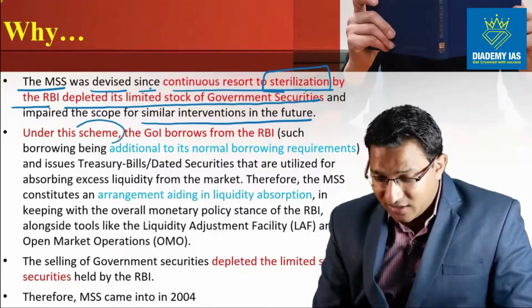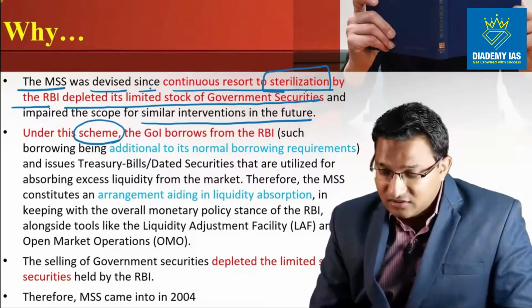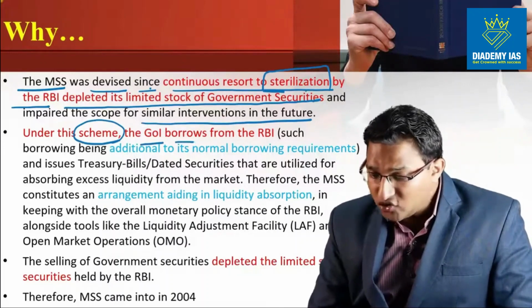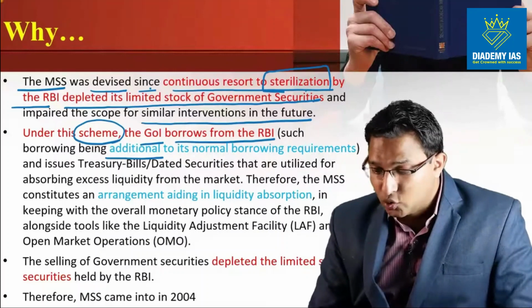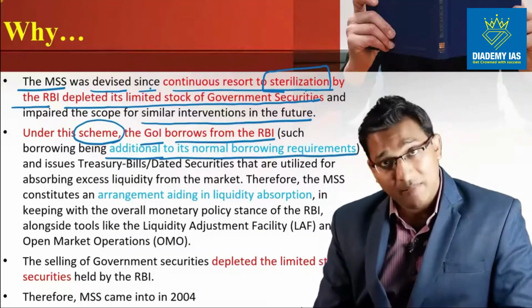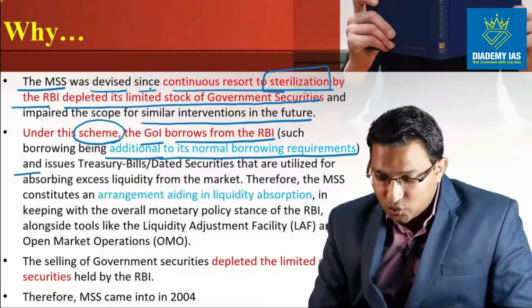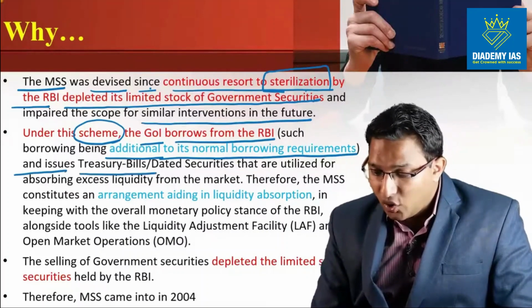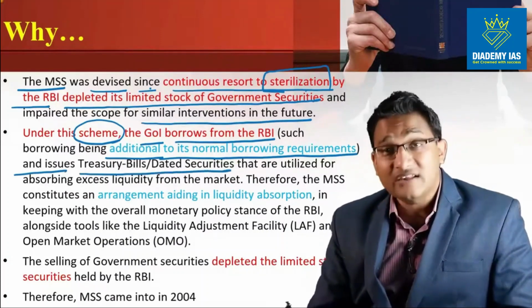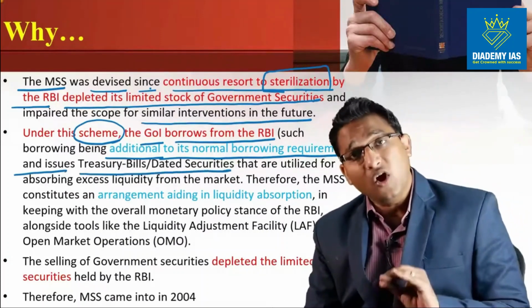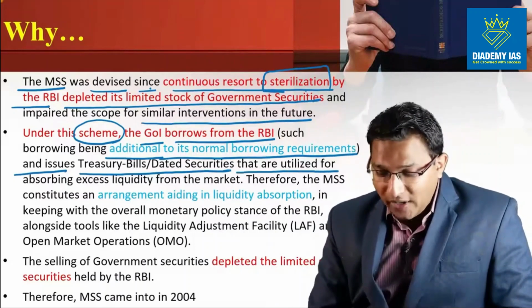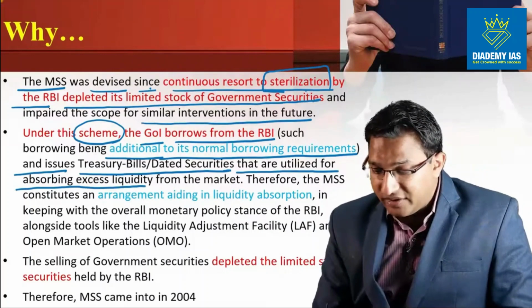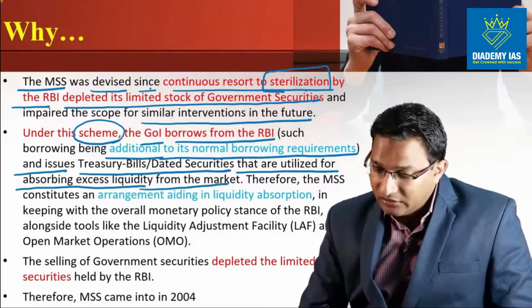Under this scheme, so under the MSS, the Government of India borrows from the RBI, such borrowing being additional to its normal borrowing requirements, and issues treasury bills or dated securities. So treasury bills or dated securities mean the government securities that are utilized for absorbing excess liquidity from the market.